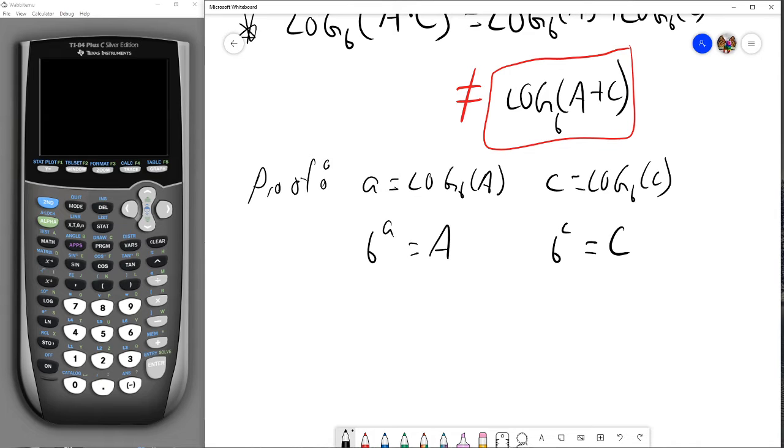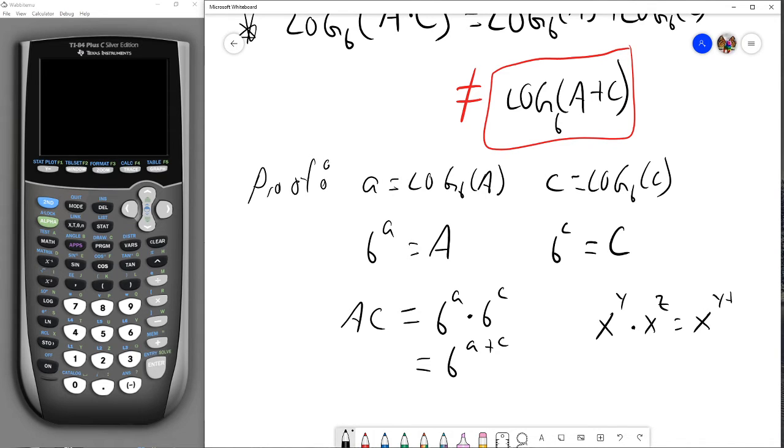Now, the quantity a times c is the same thing as b to the a times b to the c, which is the same thing as b to the a plus c, using our exponent rule, where x to the y times x to the z is x to the y plus z.